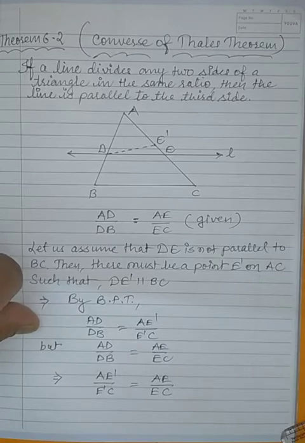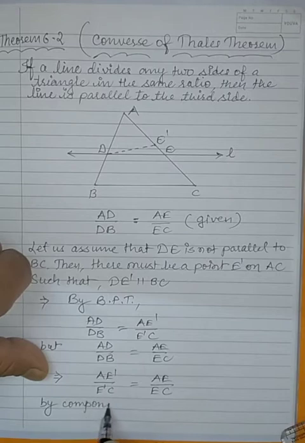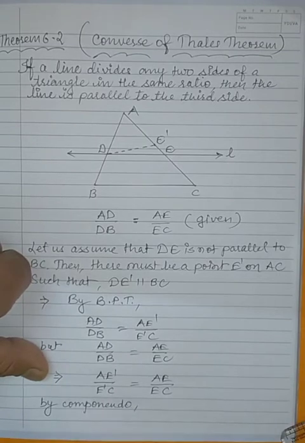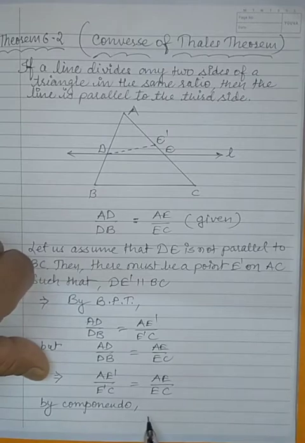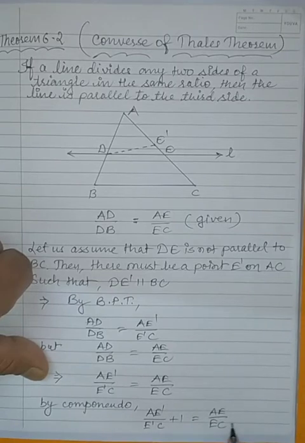So now here we will use componendo, according to which we add 1 to both sides. So AE dash upon E dash C plus 1 is equal to AE upon EC plus 1.